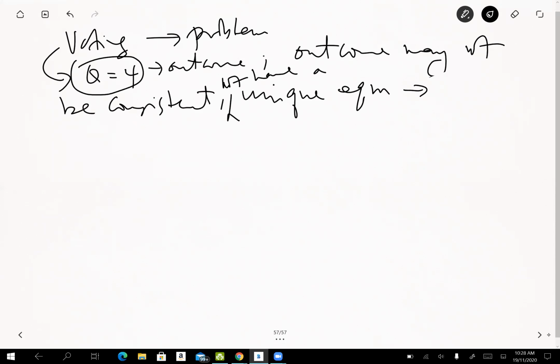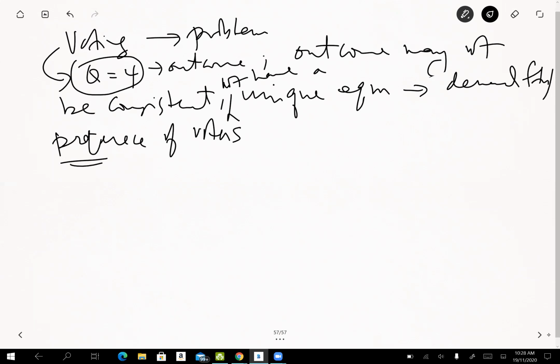Because of the demand function of the individual, the preference of the voters. There is some problem with the preferences of the voters, so you may not have a unique solution of the voting process.